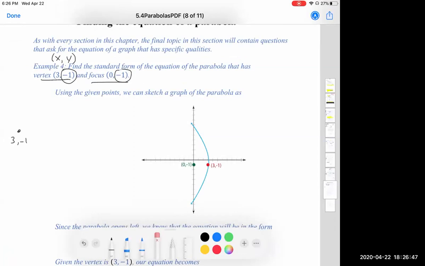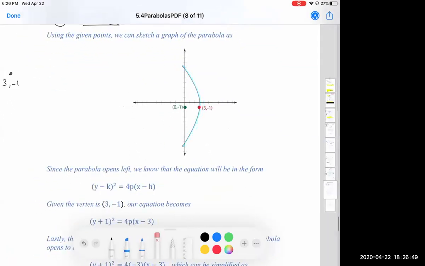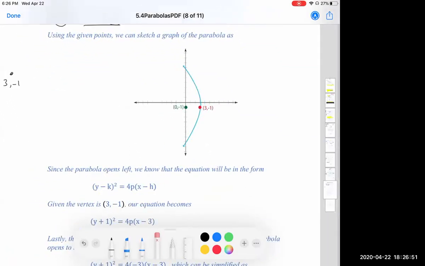So using the given points, you can sketch your parabola, right? So this is just a sketch. We don't know anything really. We just know our vertex, which is the peak of your parabola, and your focus. But we know some stuff, right? We know that this distance is a special value p. So we're almost there.